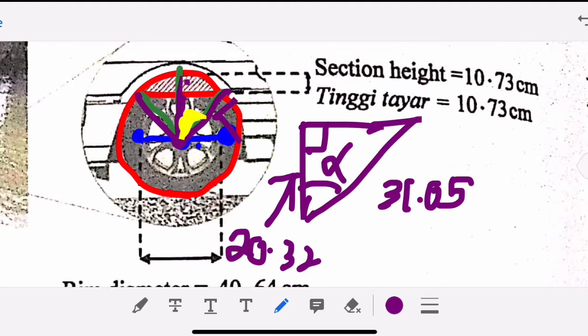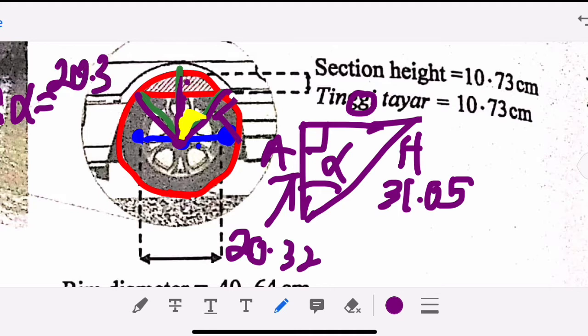We will use cosine, which is adjacent over hypotenuse. This is opposite, so we will use cos. Cos alpha equals 20.32 over 31.05.